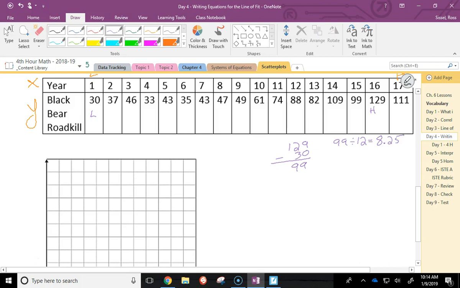Is that what we want to make it? No, we don't want to count out 8.25. So what should I make this? Ooh, I like that. So whoever said 10, some people are thinking 9. 9's really close to 10. 10's a simple number. So our scale will be 10.